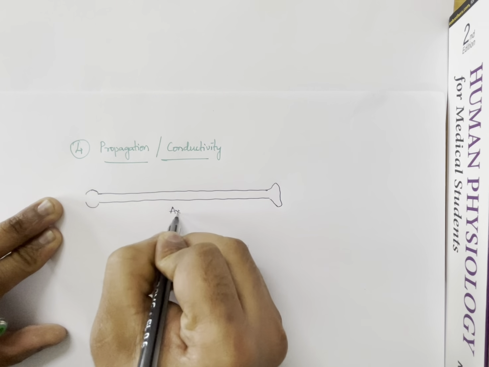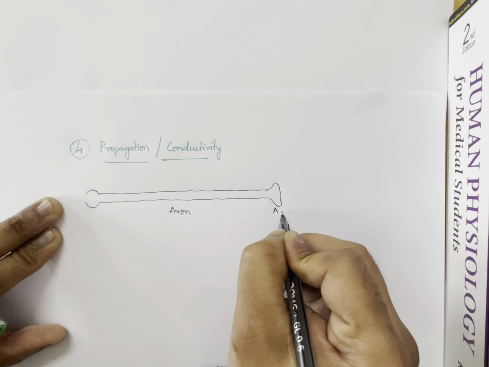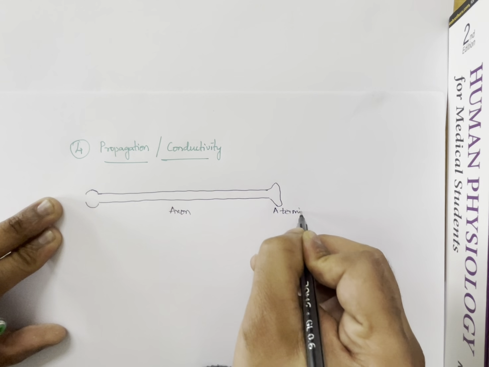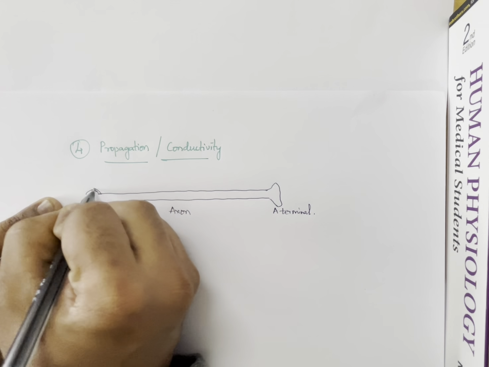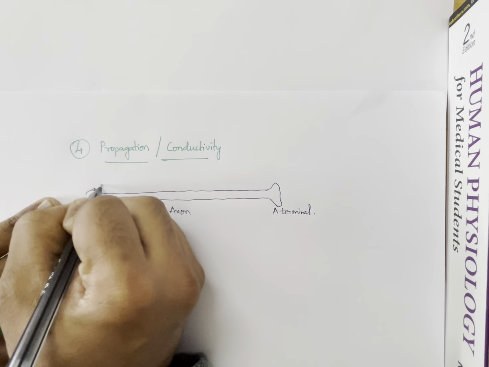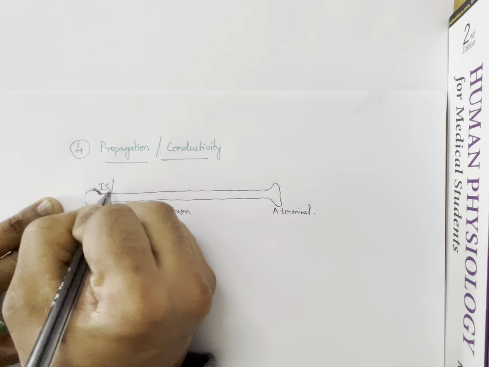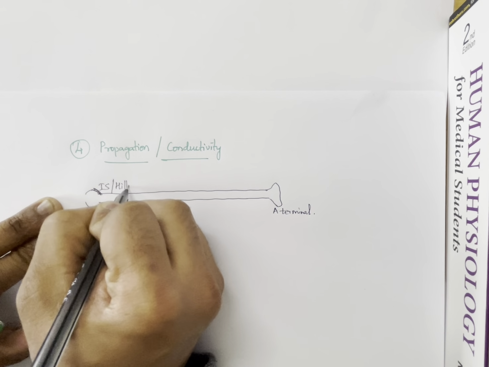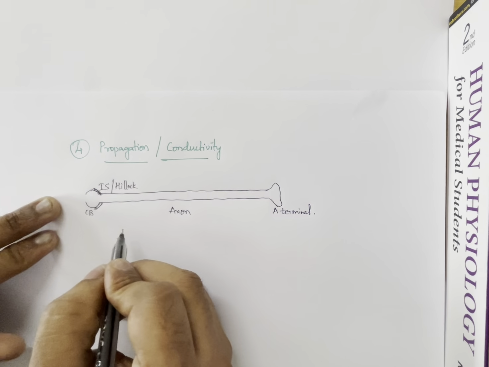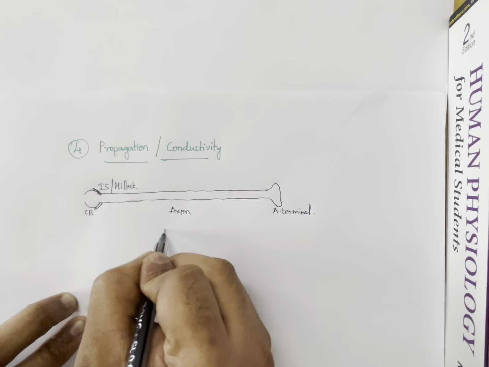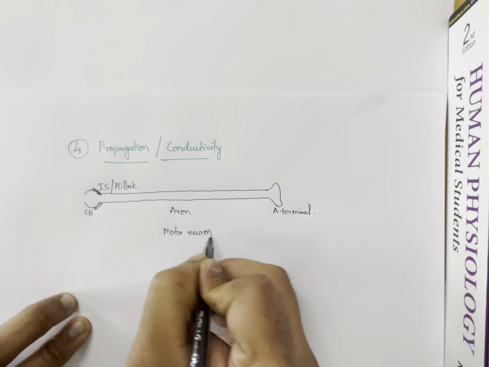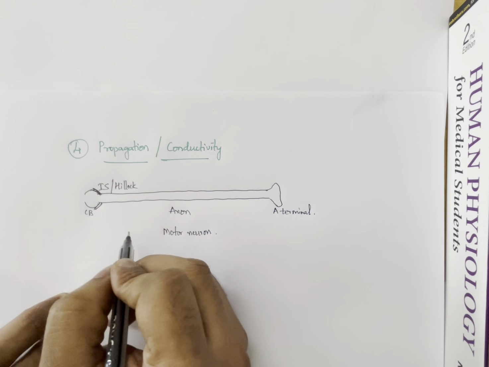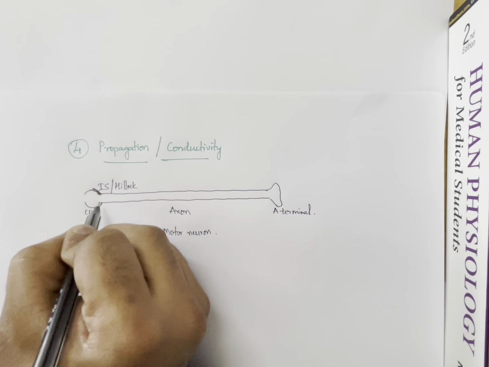Consider this is the axon and this is the axon terminal. This is the cell body, and this is the initial segment or axon hillock. Consider this is a motor neuron. Action potential in the motor neuron is generated at the initial segment.